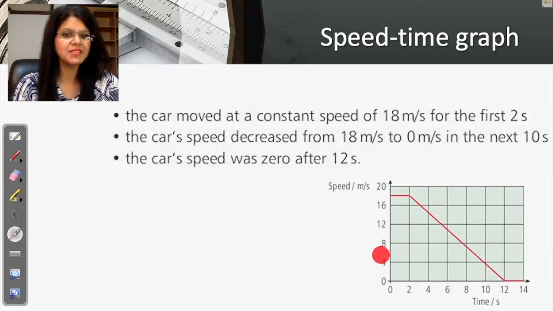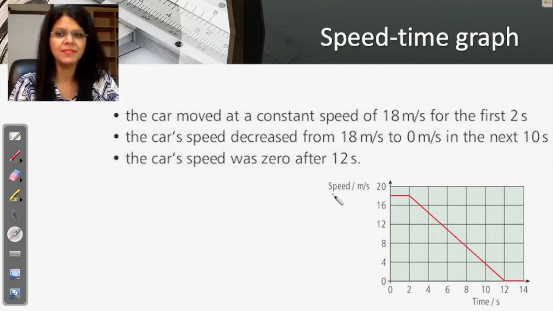So the graph that you see here, it is a speed time graph. Why? If you see, you have your speed here on the y-axis and time on the x-axis. When you look at the speed time graph, it gives you readily some information by just having a look at it, right? So that's the whole purpose of actually drawing a graph.